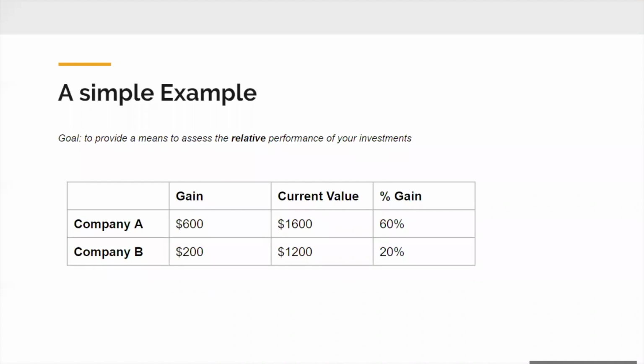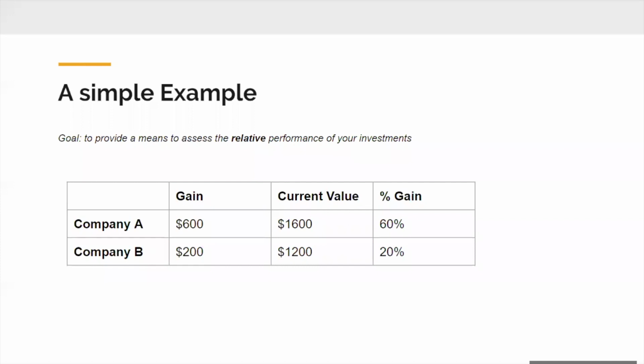But the question arises, which one is the better performer? I guess the first piece of information we need to know is something about the purchase value or the purchase cost. So in this example, let's say for both investments, the purchase cost was $1,000.